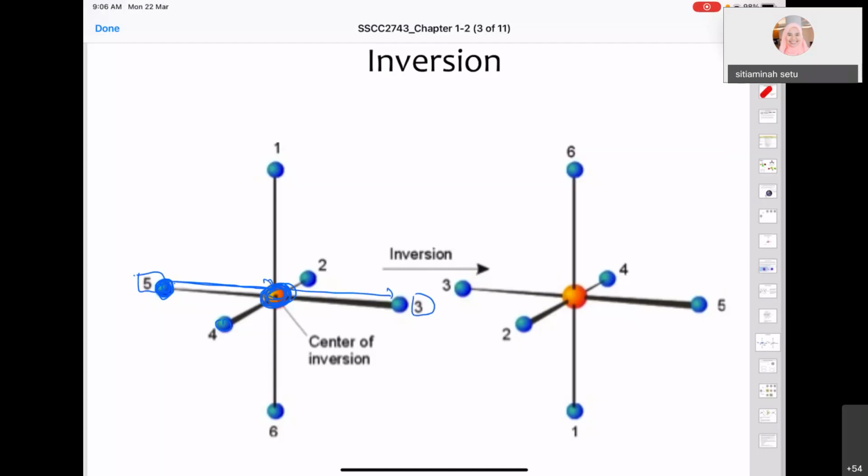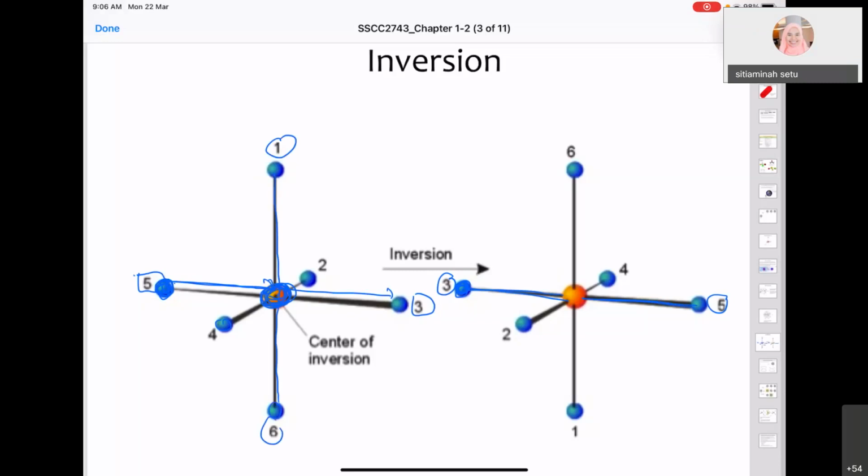So kita tengok kat sini lah. So yang this one akan jadi atom nombor 3 and this one akan jadi atom nombor 5. So it must have equal distance before the inversion and after the inversion point. Okay. And then sama juga kat sini terminal atom number 1. Okay, kalau kita movekan dia kepada center, okay, kemudian teruskan kepada terminal atom yang number 6.